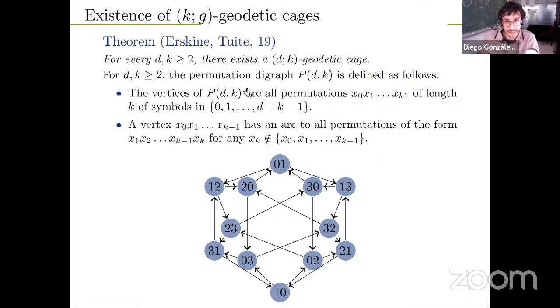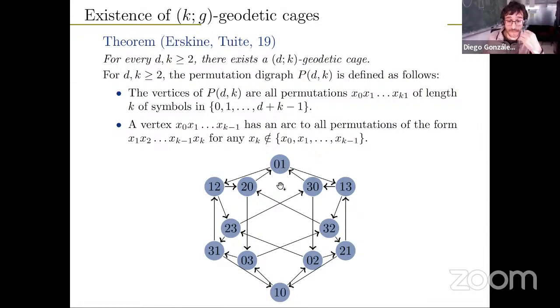The vertices of this digraph are the permutations of length k of symbols in this set. And a vertex of this form is going to be adjacent to all the permutations of this form. That is, we just remove the first symbol and we add another element at the end. For example, here we have the vertex 0,1, which is adjacent to 1,3 and 1,2.